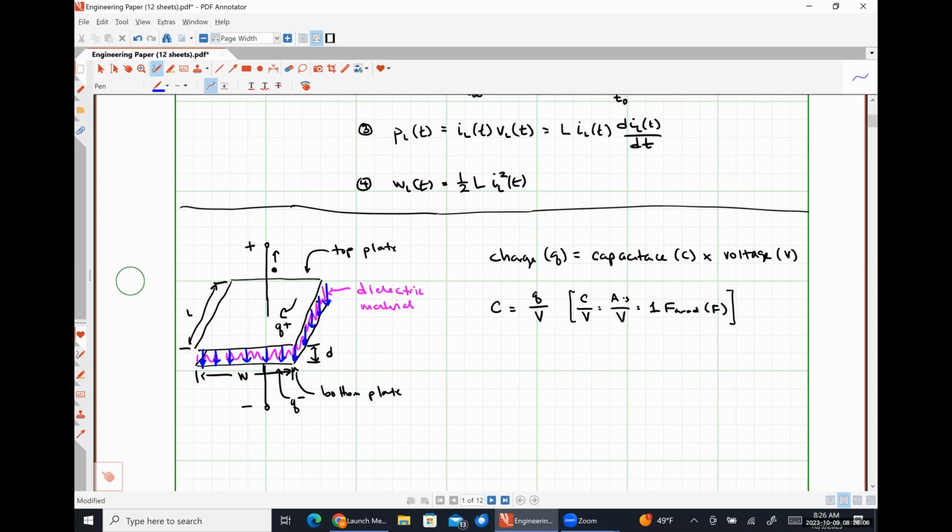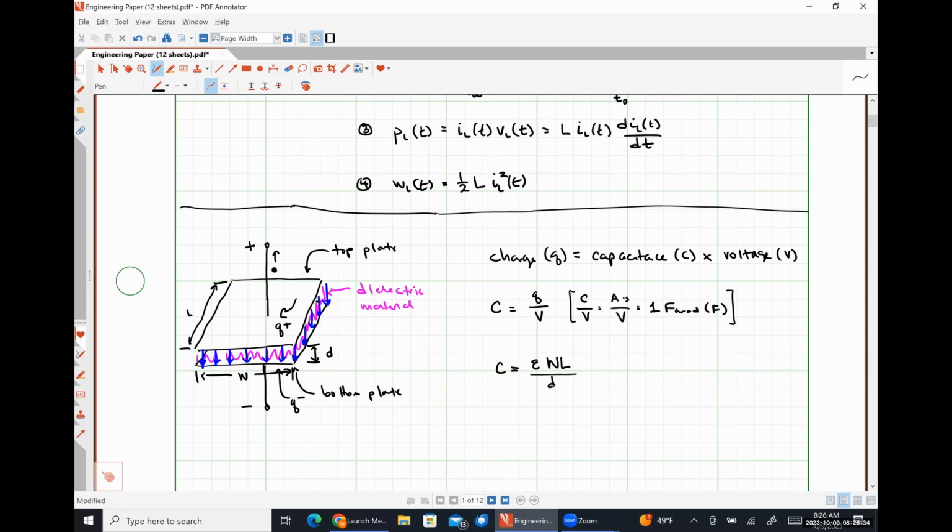So what affects the capacitance of a system, right? Well, capacitance is dependent on the geometry of the system as well as the material properties of the dielectric by the following relationship. So we're going to have epsilon W L divided by D, right?